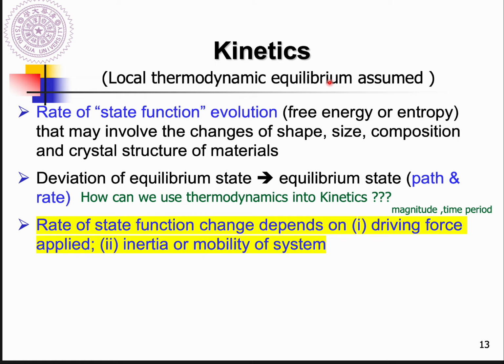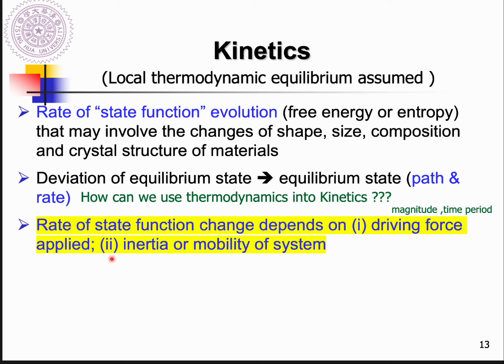So the next question is, what parameter will affect the rate of state function changes in a kinetics process? The first one that probably comes to mind is that it's a flow process, so you will think of a driving force: what is the magnitude, and for what time period is the driving force applied on the system?